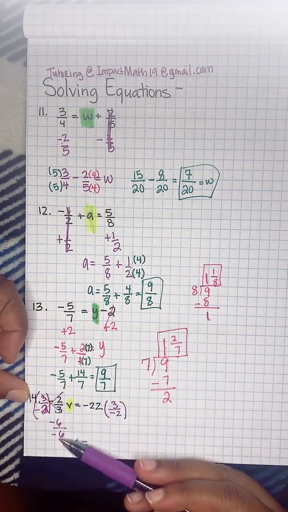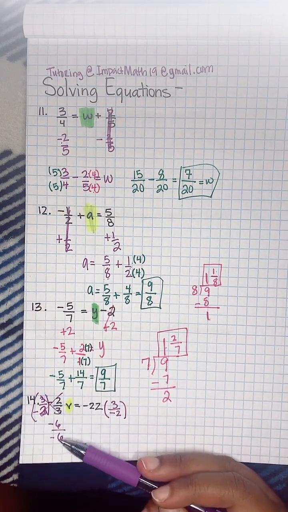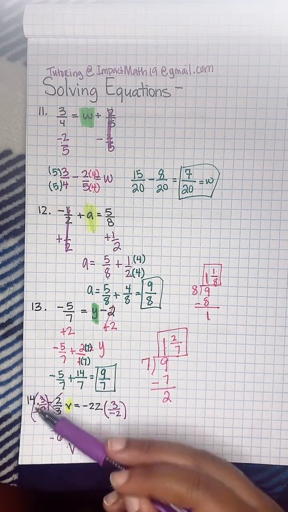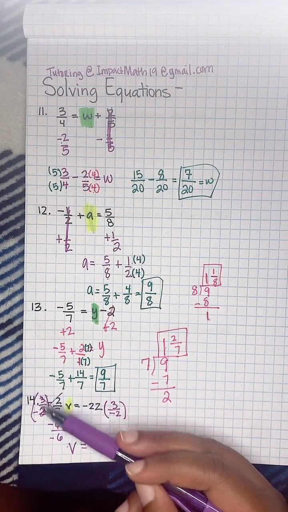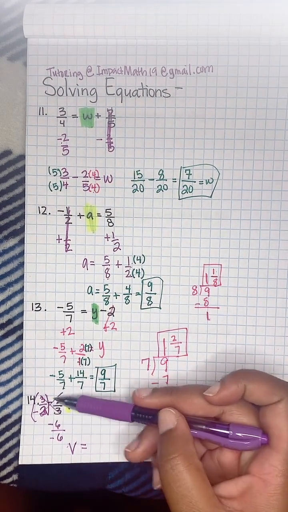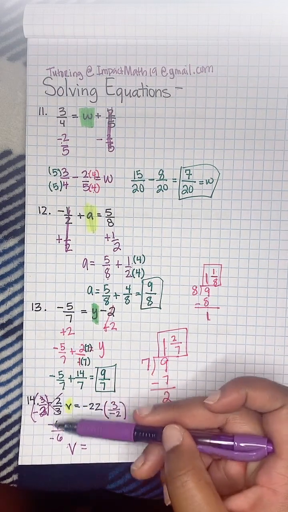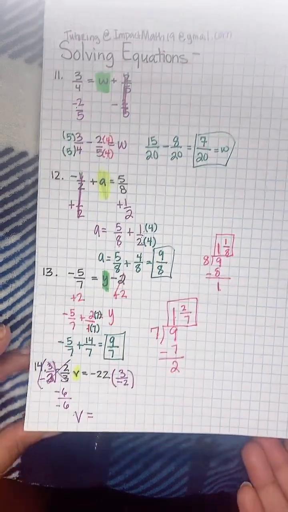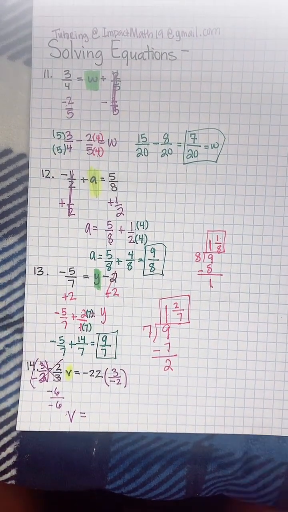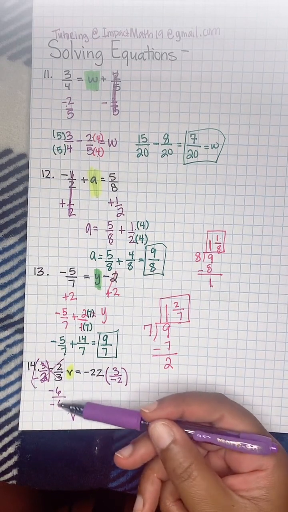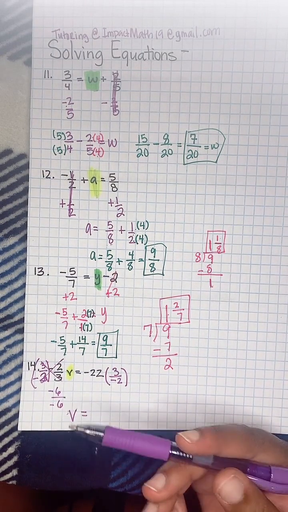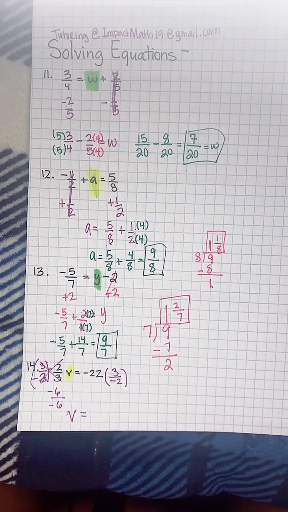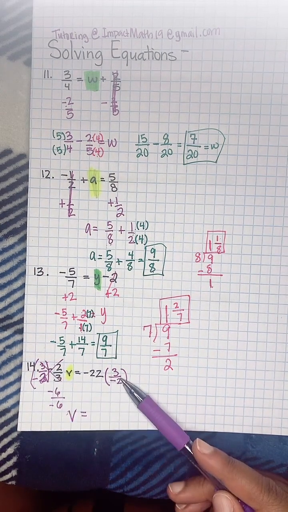But I don't think enough of us teachers really explain why they cancel. So when you multiply by the reciprocal, you're going to get the same number on top as the bottom. And that's why it cancels out. I just want to explain that. Oh, can you guys see it? Sorry. I just wanted to explain that for some people that maybe have never understood it, never got it. Just want to break that down, why we do this, okay?